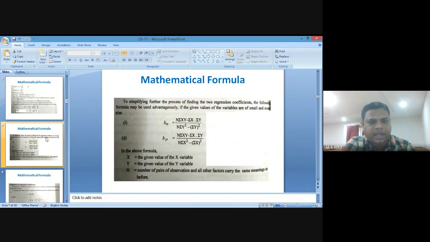Similarly, byx equals n into summation of xy minus summation of x into summation of y, divided by n into summation of x square minus (summation of x) whole square, where x stands for the given values of the x variable, y stands for the given values of the y variable, and n stands for the number of observations. Just note down this formula.